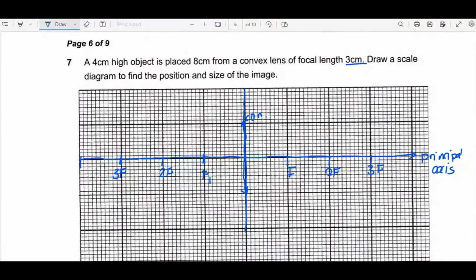Okay, so what are we going to do? We'll say 4 centimeters. The object is 8 centimeters from the convex lens. So if this is 3, 6, 8 is here. This is where our 8 is.